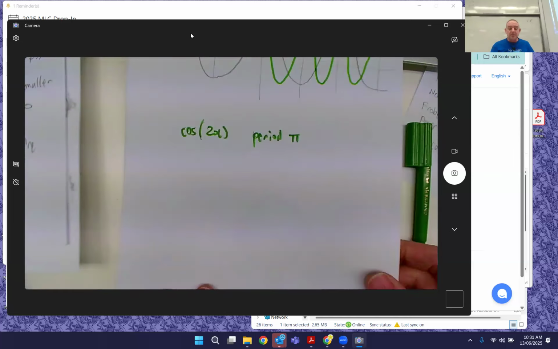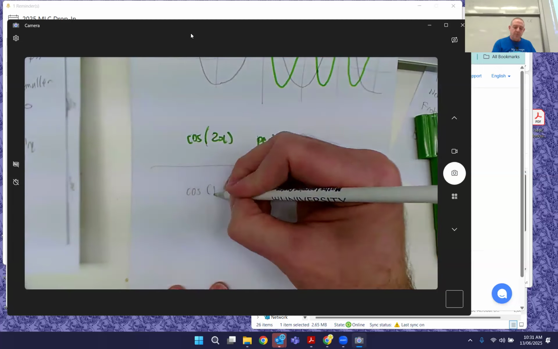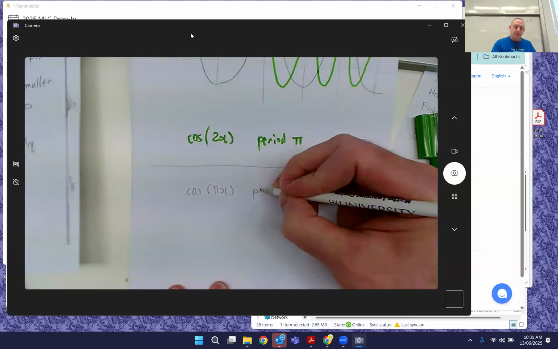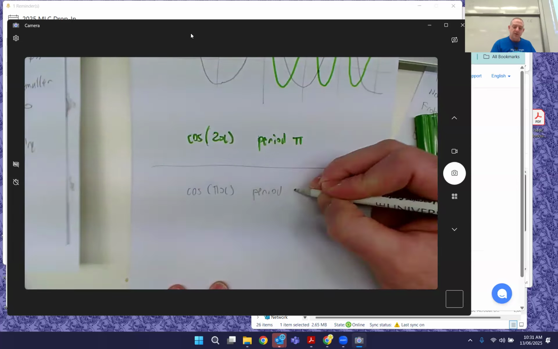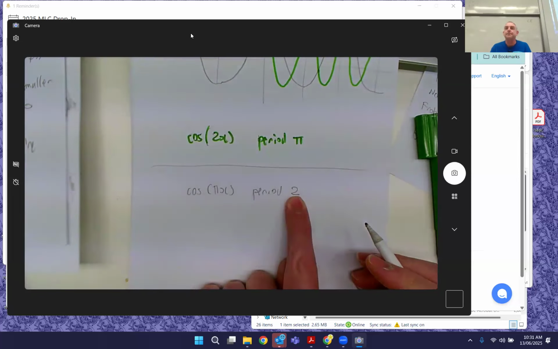So what that means is cos of pi x will have period 2. Because replacing x with pi x divides the period by pi.